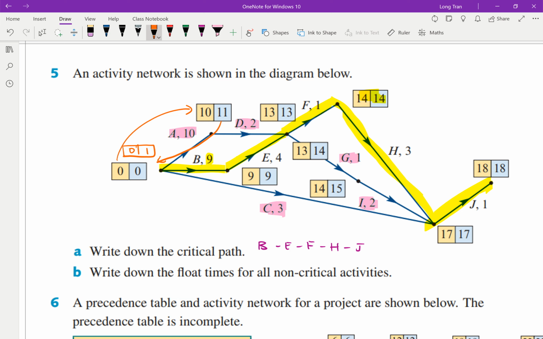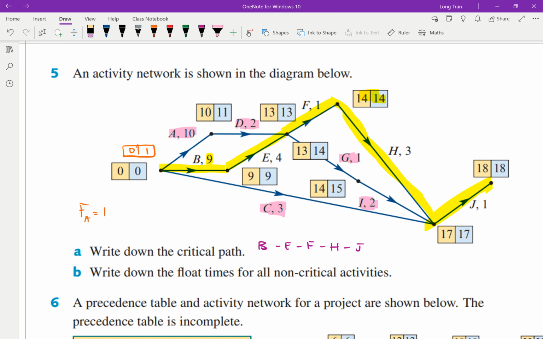So the latest time that you can start is 1 and your earliest starting time is 0. So clearly the float time for A is 1. That means they don't have to start exactly on time. They can start 1 unit afterwards and they would still make it on time.